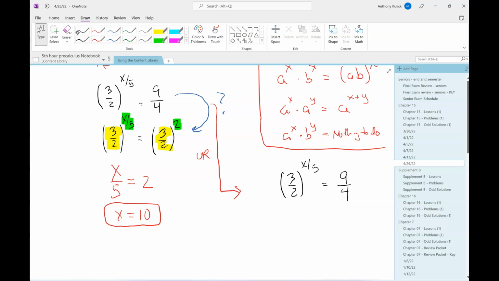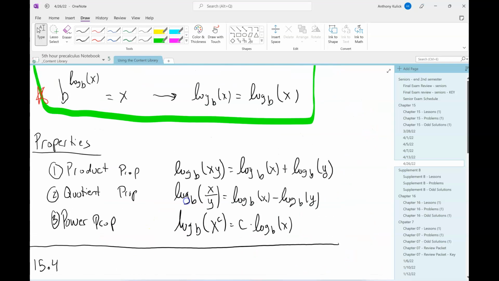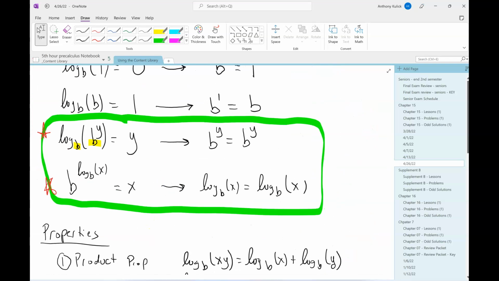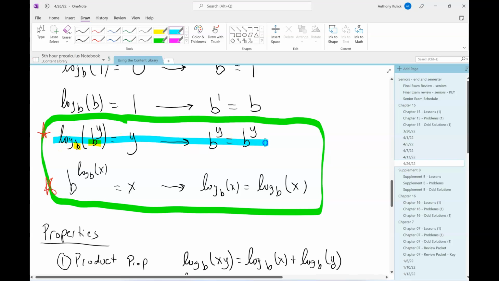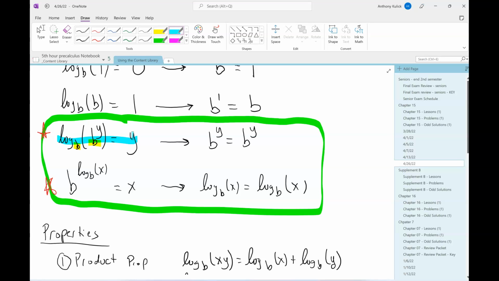So let's go back and point out this green box here. Specifically, this first property. What we're observing in that property is that a log base b is canceling the exponent base b, leaving just the exponent y, right?